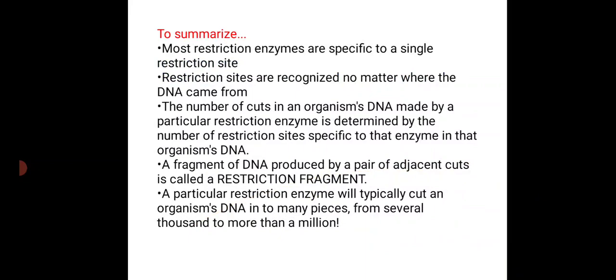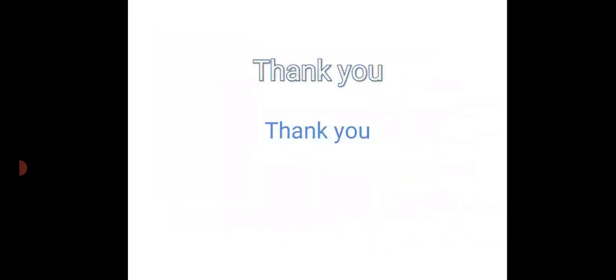A fragment of the DNA produced by a pair of adjacent cuts is called a restriction fragment, and the site is the restriction site. A particular restriction enzyme will typically cut an organism's DNA into many pieces, from several thousand to more than a million.